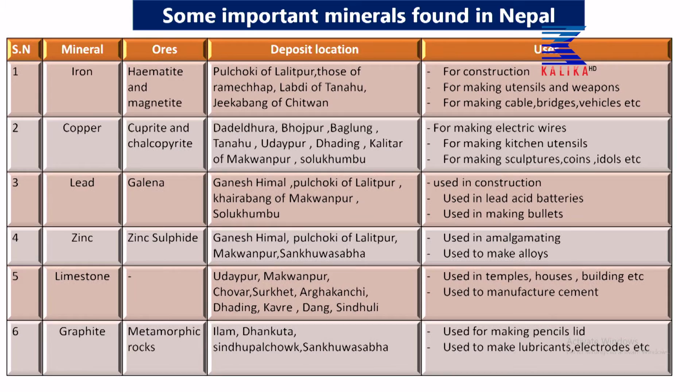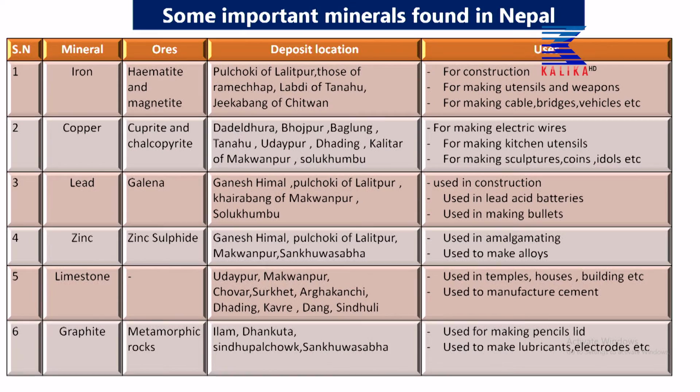That is why it is a most important mineral. And most interestingly, iron is abundant in nature as well. Iron is found in different places. Iron deposit is not a big issue. It is found everywhere. In different parts of Nepal also iron is found.